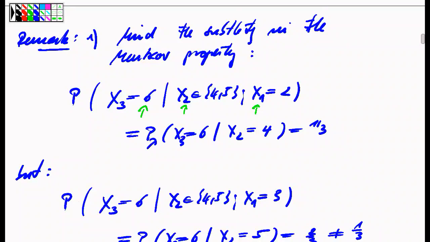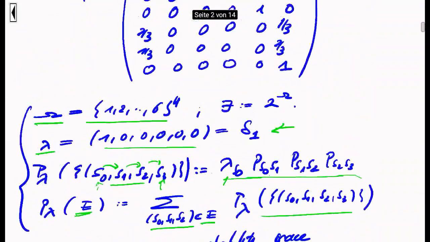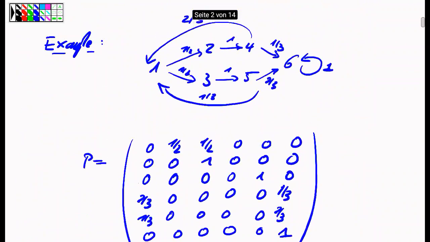Now, if we look at the graph associated to this Markov chain, we see that the joint condition of the process being in one of the states 4 or 5 at a certain time and being at position 2 at the time before that is just the same as saying that the process at the previous time was in position 2, which is just the same as saying that the process at the time after was at position 4.